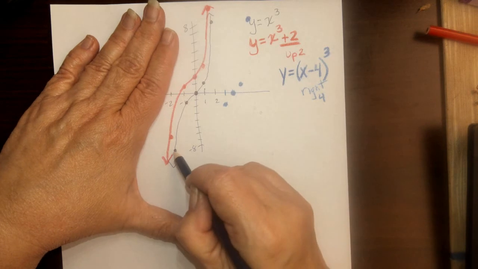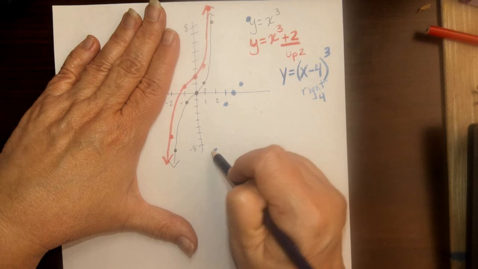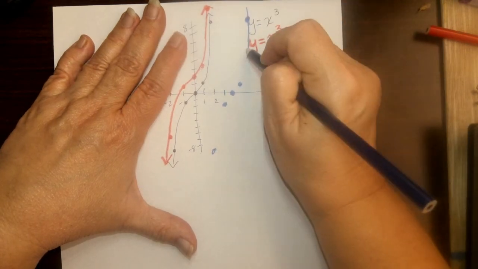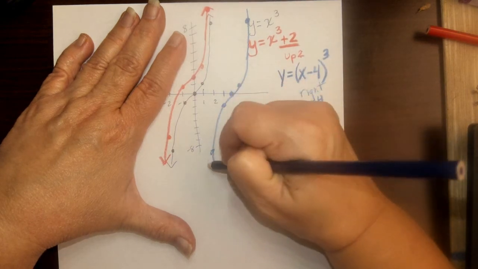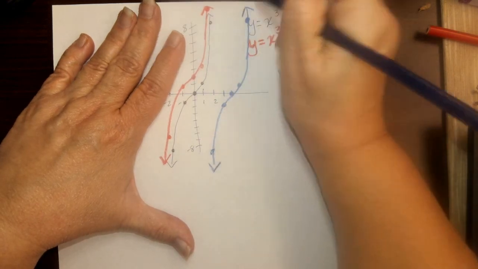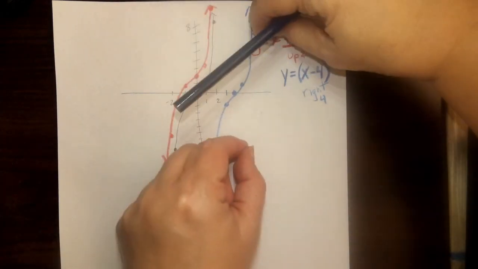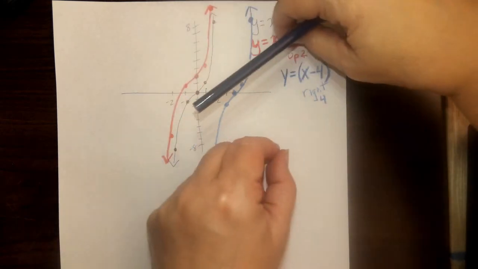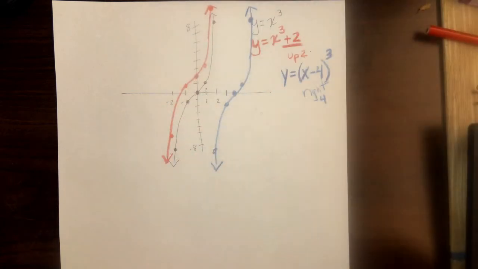And then this dot, 1, 2, 3, 4. Going to make this curvy S shape like this. It was like we took this black one and we just said, slide over. Slide, shift, translate to the right 4.